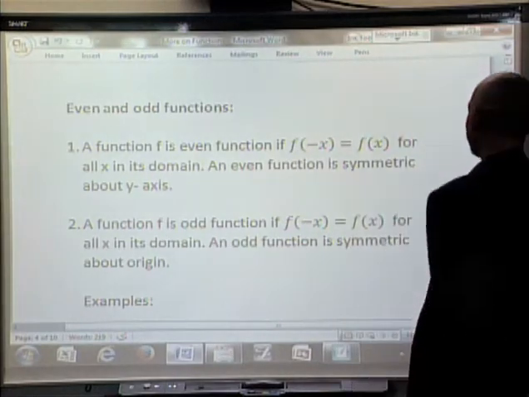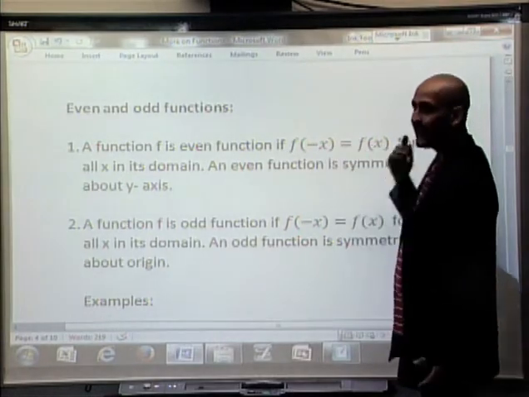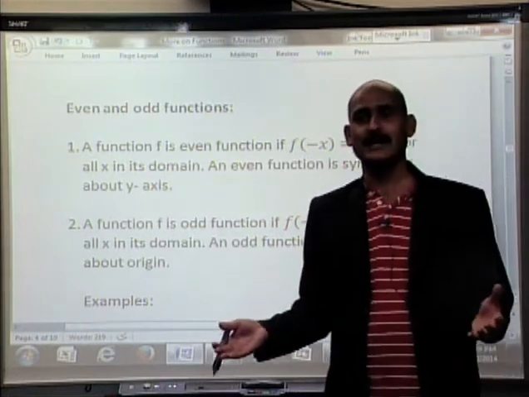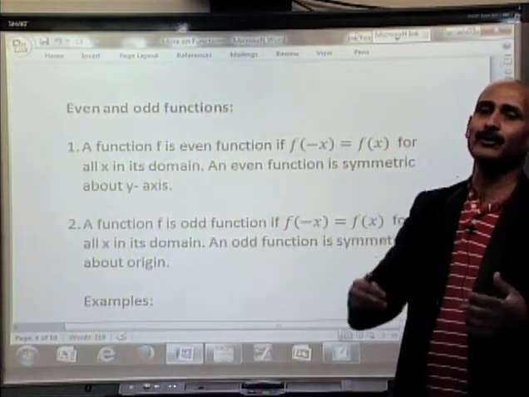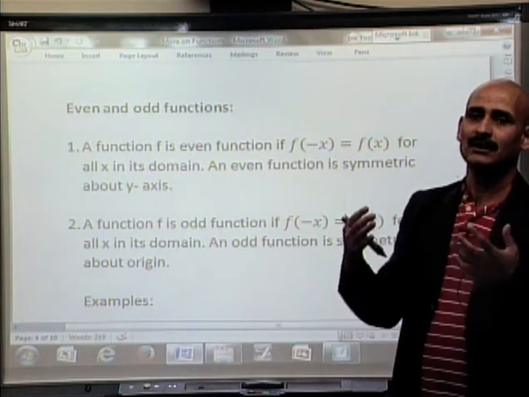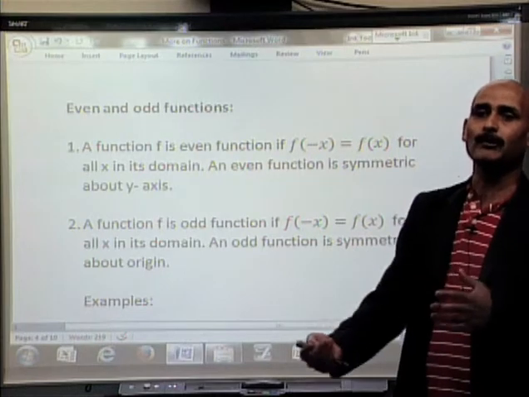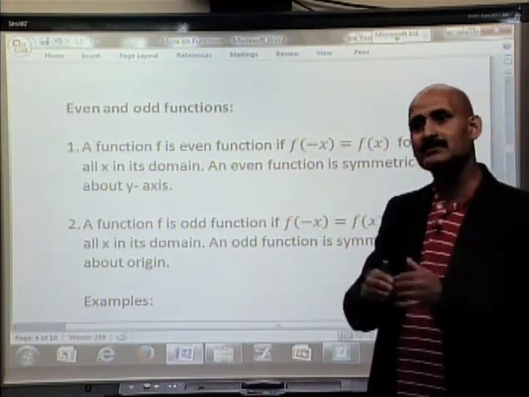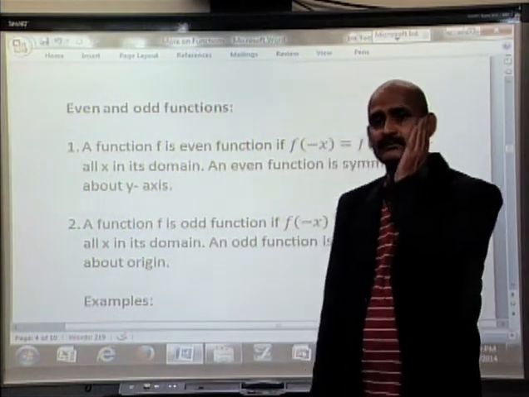So, if there is a formula, and when we replace x by negative x in the formula there is no change, that kind of formula gives us an even function. Those functions whose formula does not change by replacing x by negative x are called even functions.